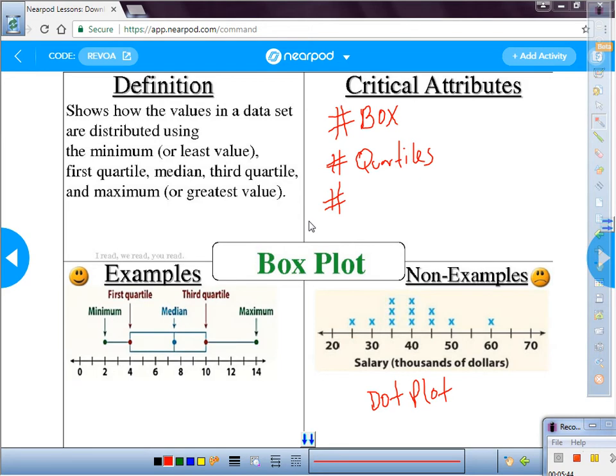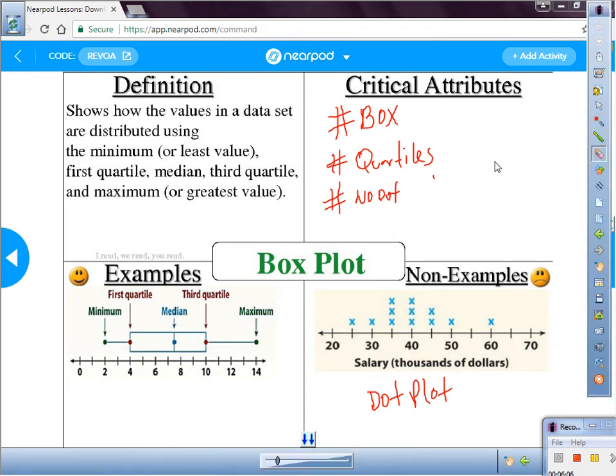What else? Kylene. Hashtag no dot plots. And one last one.